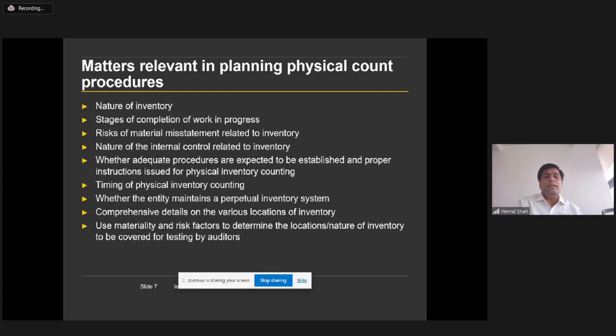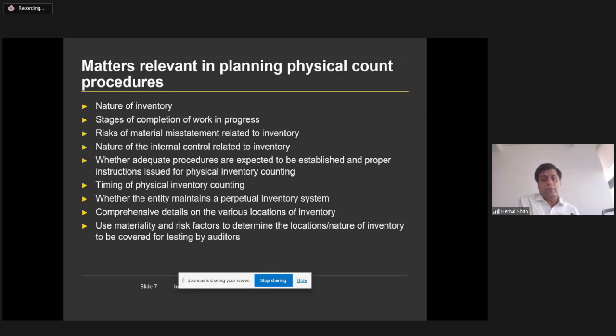Now, there are many standards which say that if the risk of material misstatement is high, then the physical verification should be performed either at the year end or nearest to the year end. So if the physical inventory value is quite significant, if inventory is scattered at multiple places, if inventory is significant in value vis-a-vis turnover or profit of the company, then the auditor should try to do physical verification on the last day of the year.